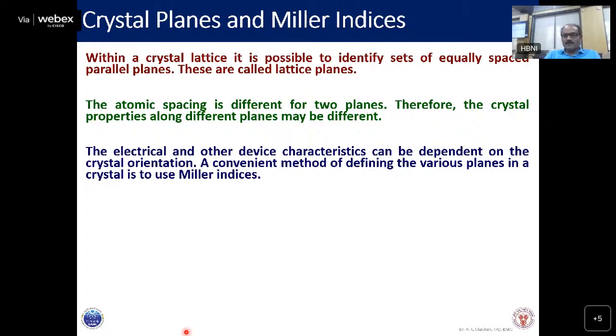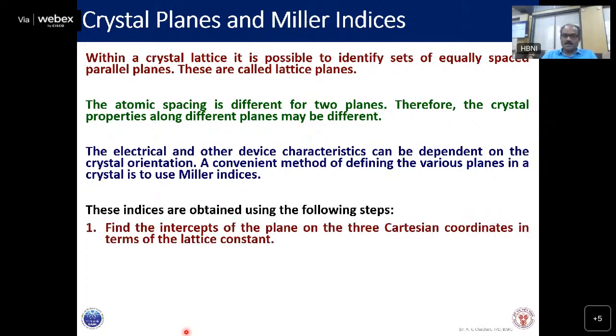A convenient method of defining the various planes in a crystal is to use Miller indices. How do we define them? Find the intercepts. Suppose you have a plane; imagine an XYZ coordinate system. The plane will cut these axes somewhere.